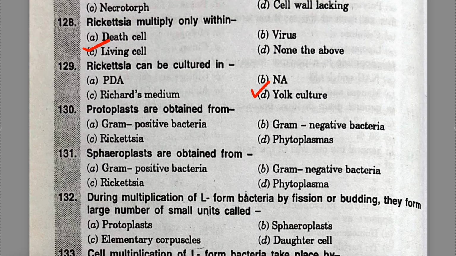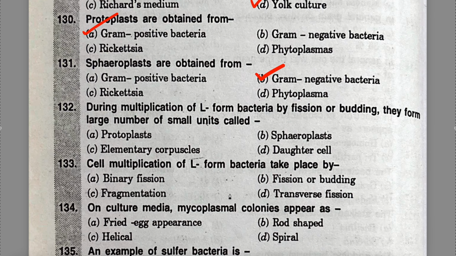Answer time. So, protoplasts are obtained from gram positive bacteria, whereas spheroplasts are obtained from the opposite of this, gram negative bacteria.